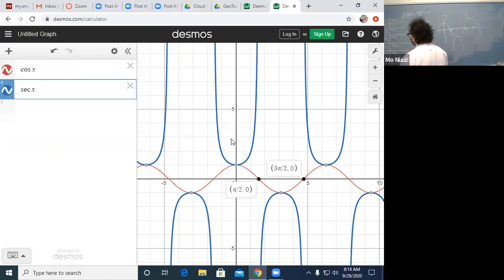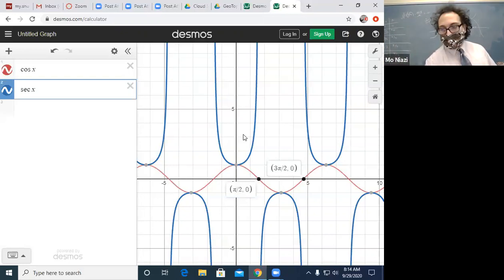And then you realize that, okay, what is the secant of 2 pi over 3? That's the same thing as 1 over cosine of 2 pi over 3. That's equal to 1 over negative 1/2, which becomes negative 2.